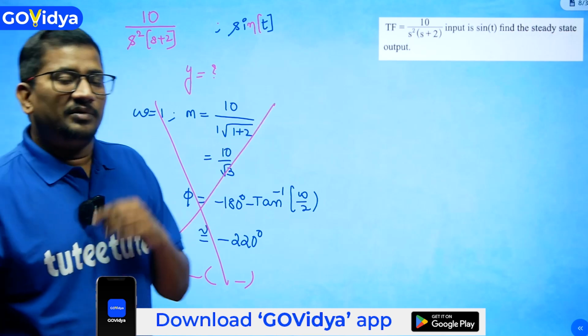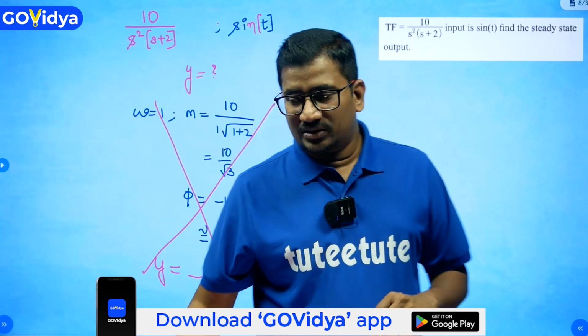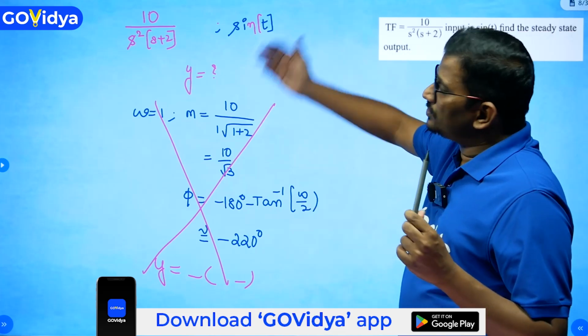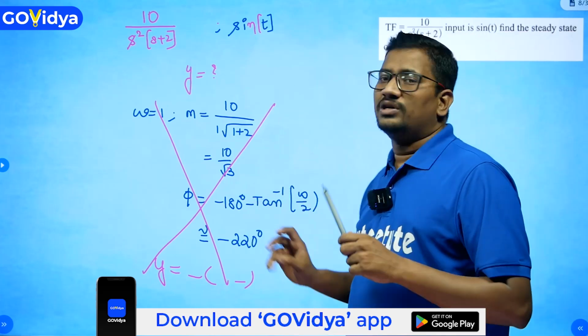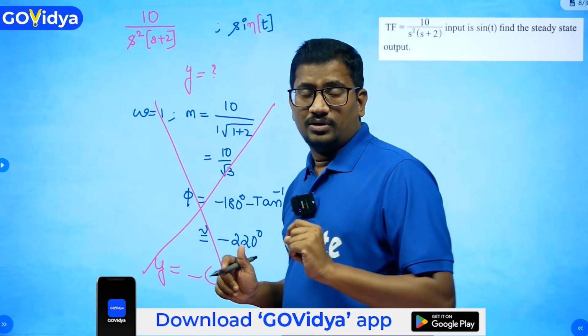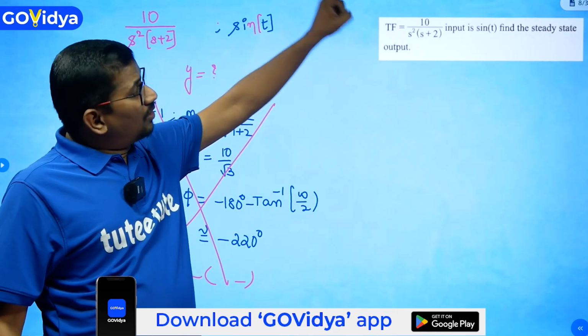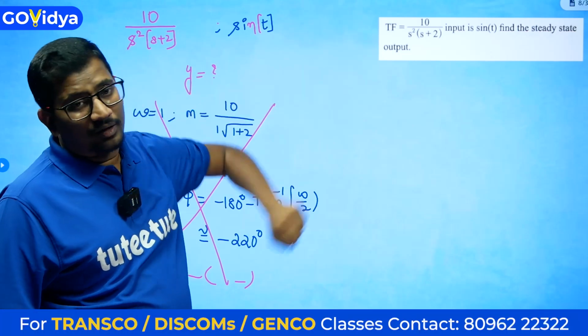This is where generally we will commit a mistake. Always such chances will be there in the exam. So this is the actual procedure we follow to calculate the magnitude and the phase to represent the steady state output. But the actual scenario is, if you see, it is not a pole at origin, it is a double pole at origin.